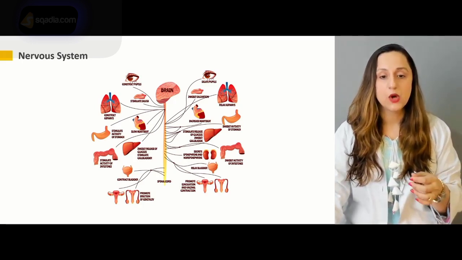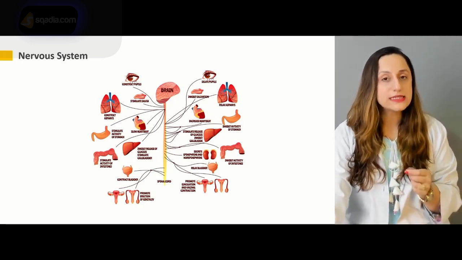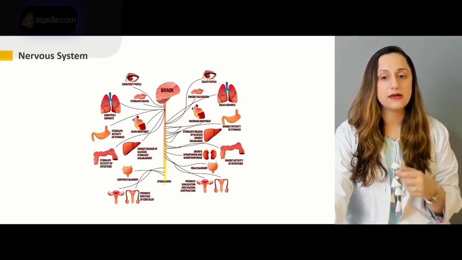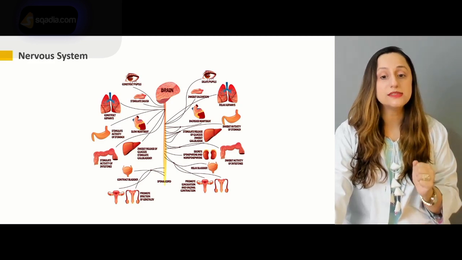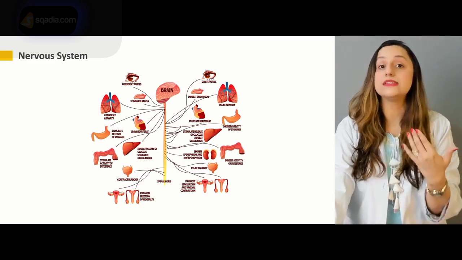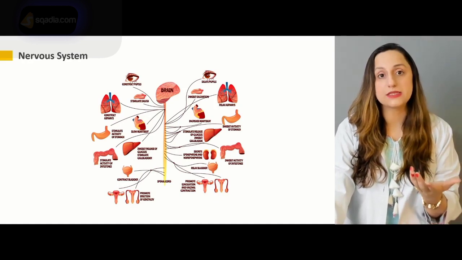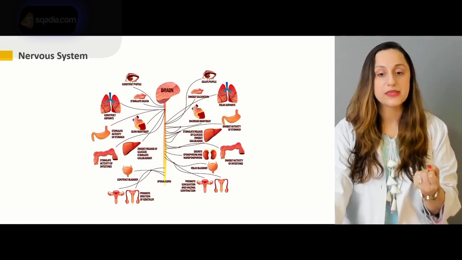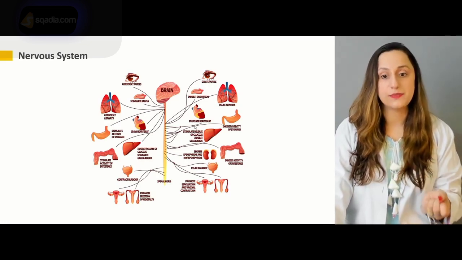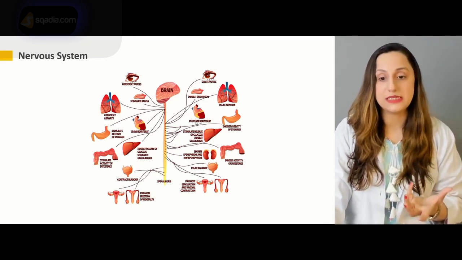you can coordinate over here that, if the sympathetics come into action, what are the different effects that would take place on the different organs of our body? Over here, you can see if the sympathetics come into action, they're going to increase the heartbeat.